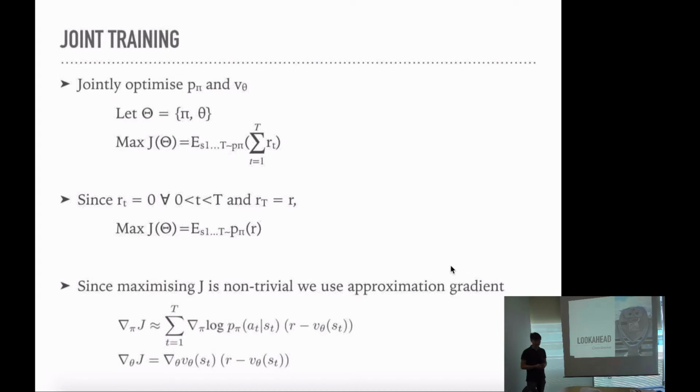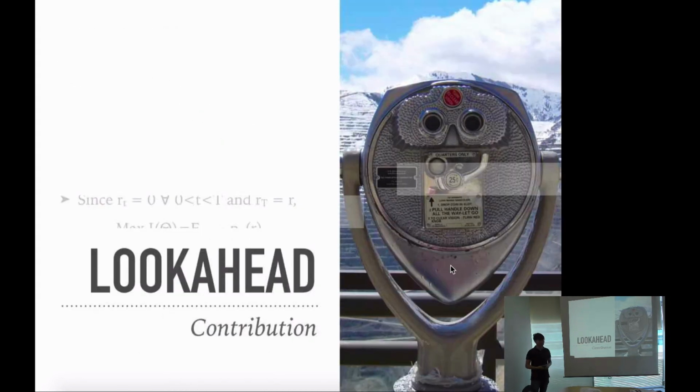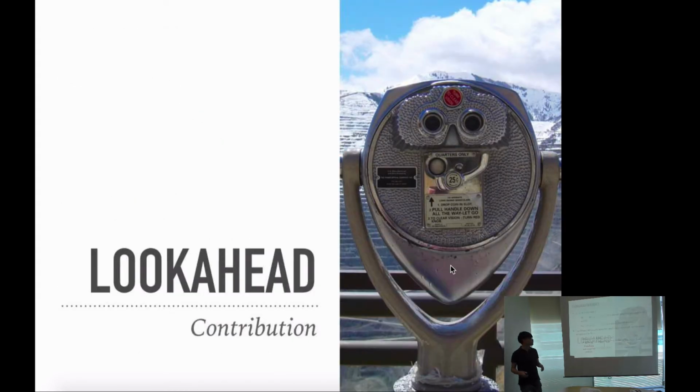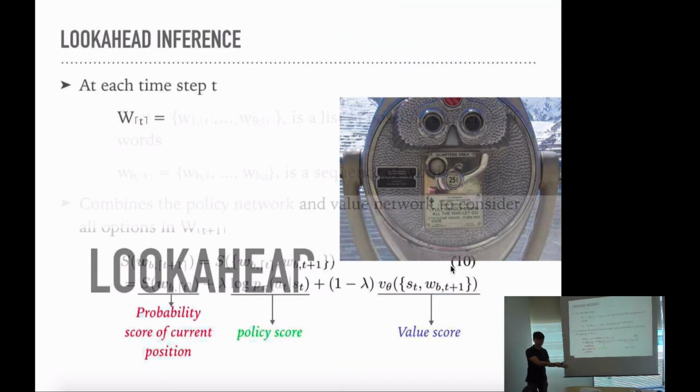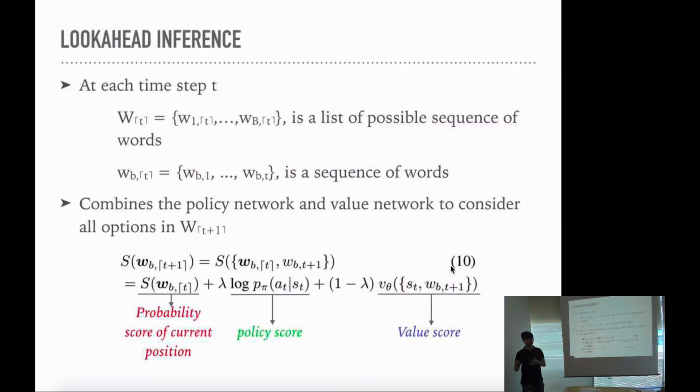The last contribution is the look-ahead inference. What this means is we now have the policy network, which is short-sighted, and the value network, which is long-sighted. How do we put this together to generate a good inference for the next word? At each time step t, we have a finite number of possible sequences.